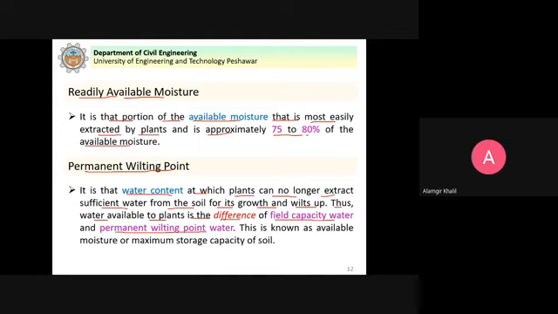So the water that is available to plants is thus the difference of field capacity and the permanent wilting point. Both are water contents. Clear? The permanent wilting point is that water content at which plants can no longer extract sufficient water from the soil for their growth.